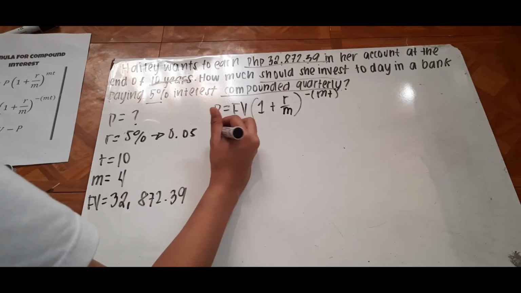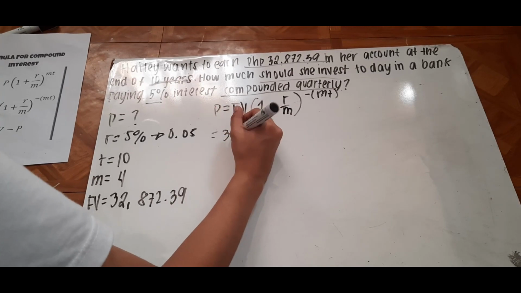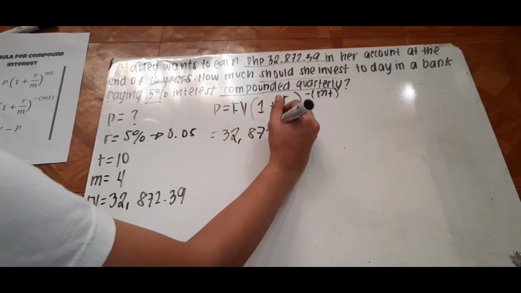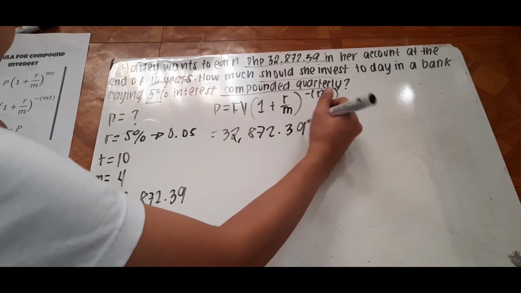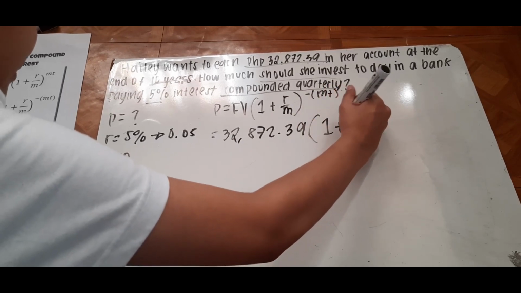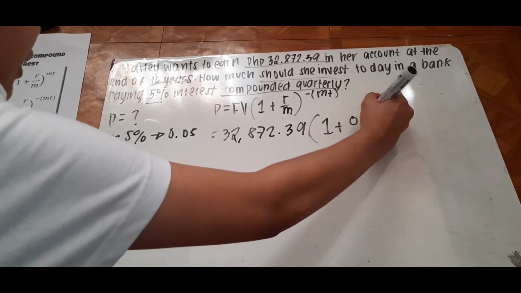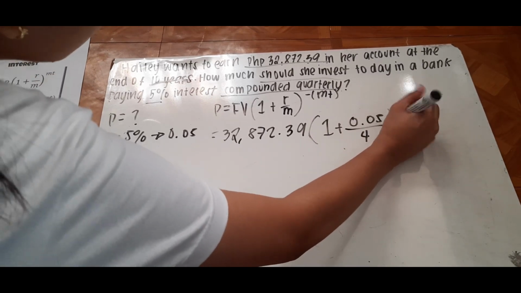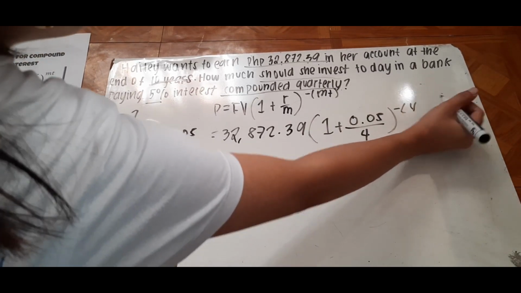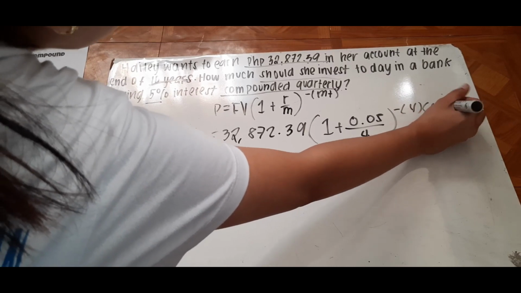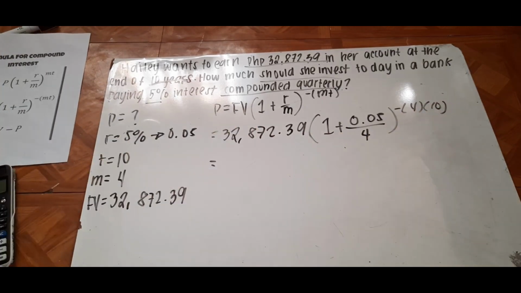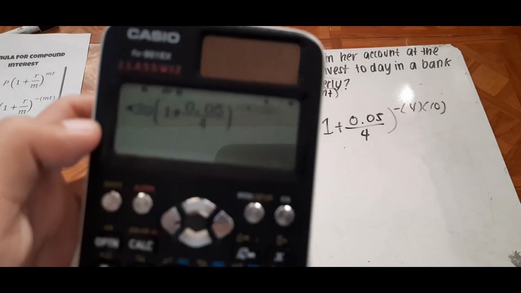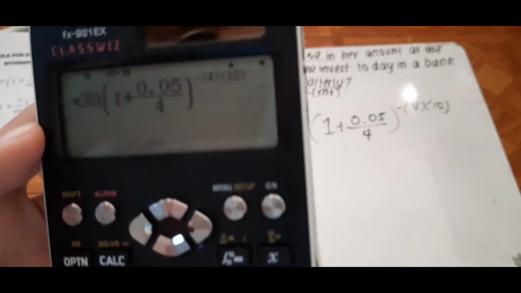And of course, substitute all the given. 32,872.39 times 1 plus 0.05 over 4 and raised to negative 4 times 10. So this is the final answer.